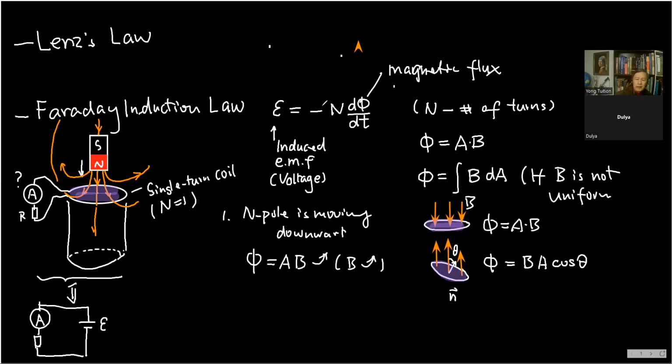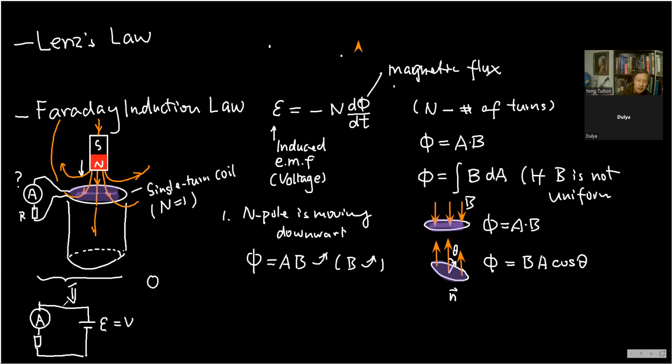So according to Faraday, you can work out the voltage induced. Now, if there's voltage, according to Ohm's law, do you think there's current moving in this circuit? Yes, so the current will move.